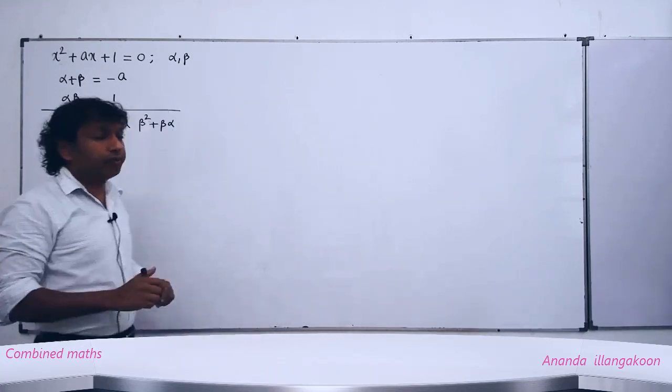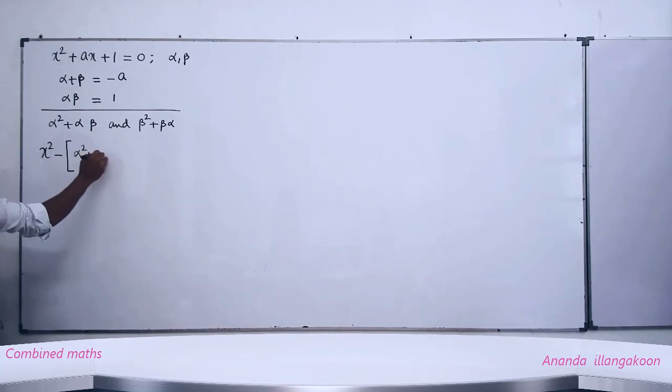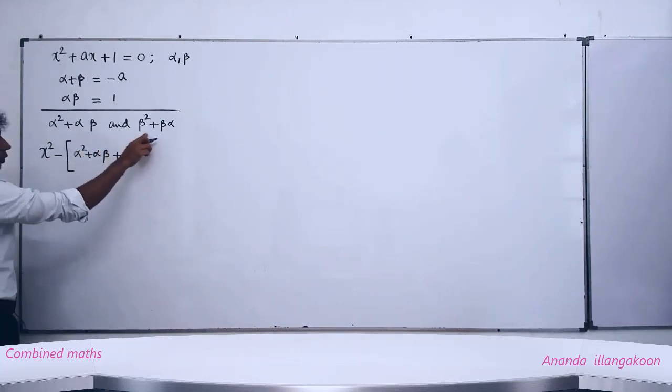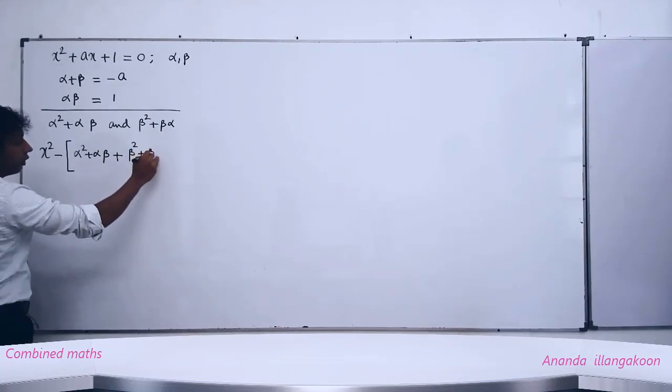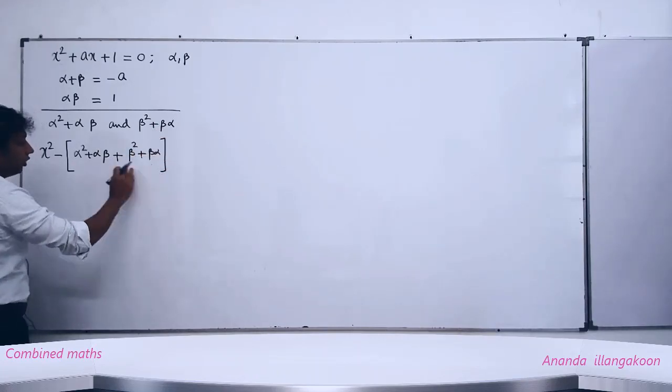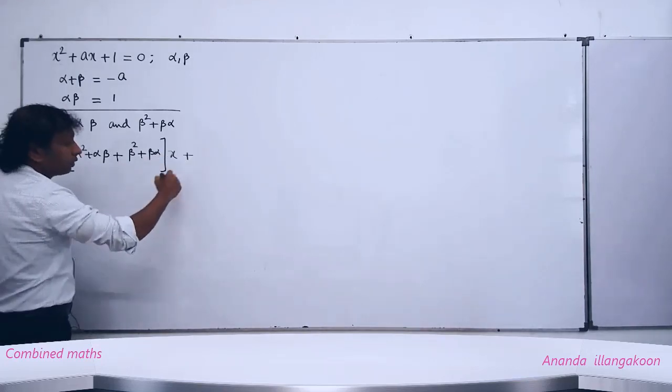What is that, people? x squared minus, within bracket, sum of the roots, right? Sum of the roots. First root is this, plus second root is this, beta alpha, I write. Within first bracket, we have sum of the roots times x plus, what is it, people?